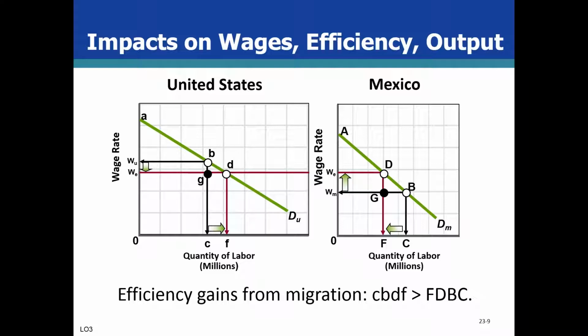Okay, so in our simple theoretical model of two countries, our overall world output increases. This is what economists call efficiency gains from migration. Remember, it's theoretical, but you need to understand what happens to output and what happens to wages in both of those markets under those simplifying assumptions.